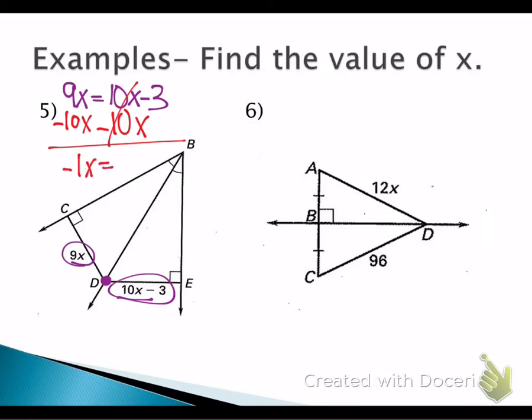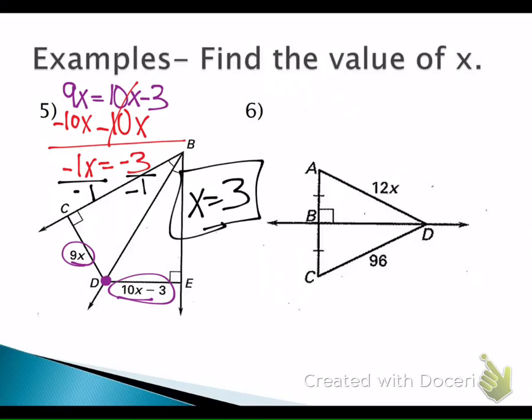It would still result in a correct answer. Now what? Divide by negative 1. You just divide both sides by -1. What's a negative divided by a negative? +3. Good.